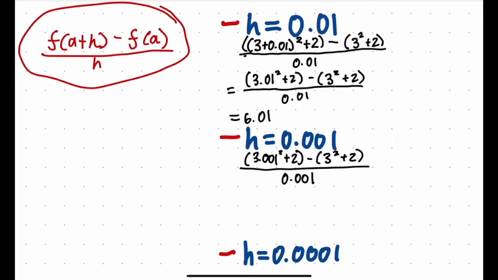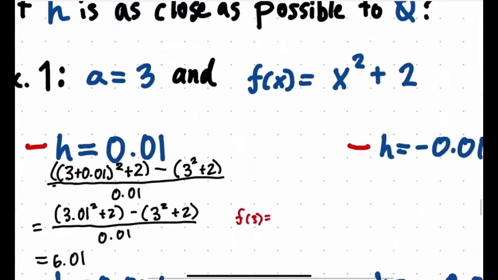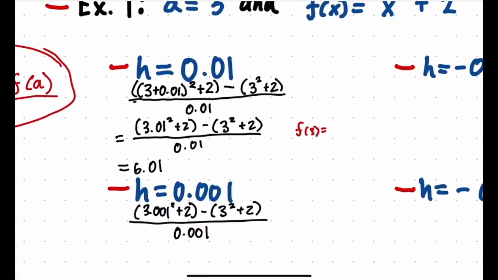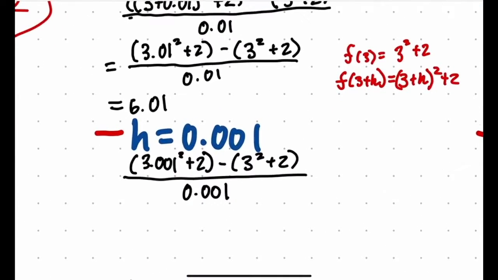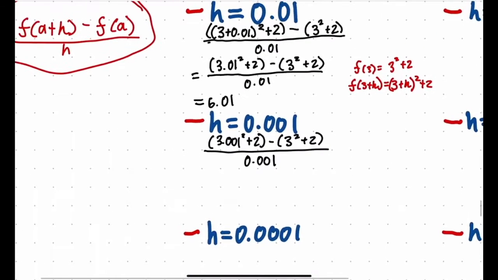So f of 3 just equals 3 squared plus 2, right? Because f of x is just x squared plus 2. So f of 3 is 3 squared plus 2. So f of 3 plus h is just 3 plus h squared plus 2. So this 3 plus h, where h is 0.001, is just 3 plus 0.001.